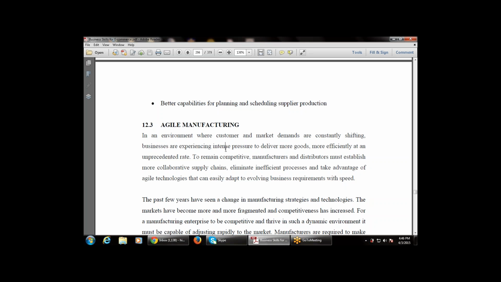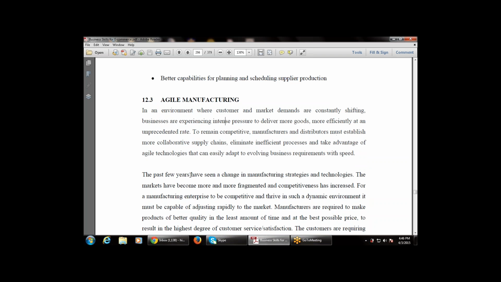The past few years have seen a change in manufacturing strategies and technology. The market has become more and more fragmented, that is, there is a division in the market and competitiveness has increased.